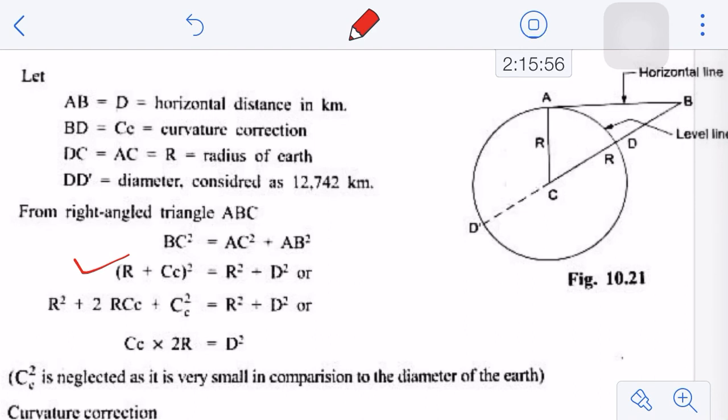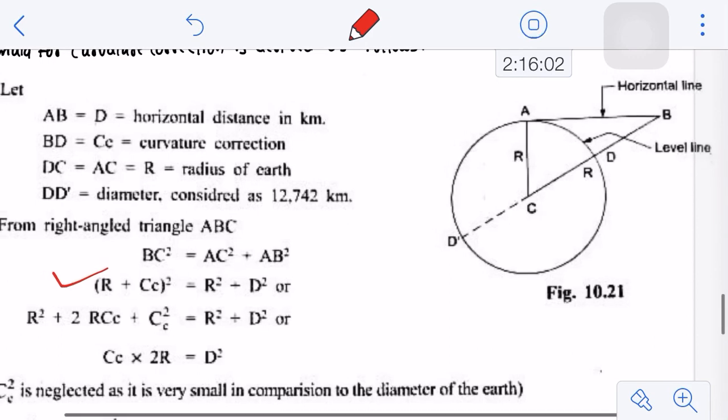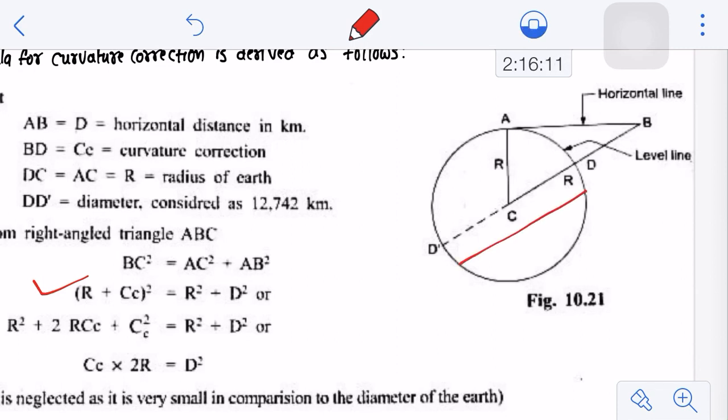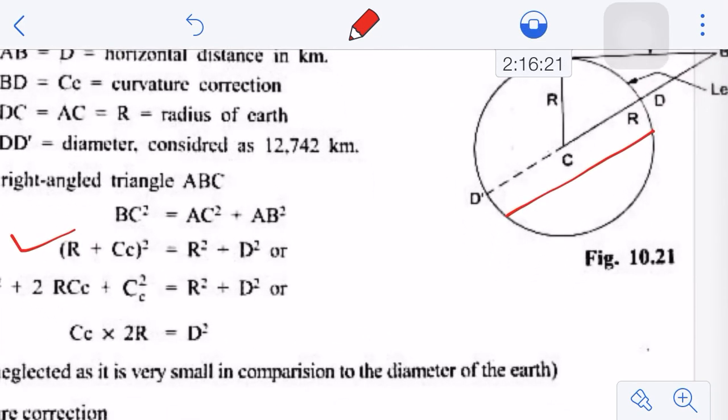And AB is D, the horizontal distance. This is not the diameter we are saying. The diameter is this one, but we are saying the distance between points A and B, which is given as D in our calculation. So AB square is D square.